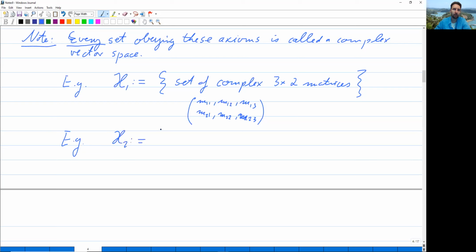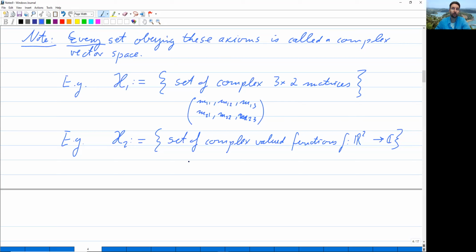H2 is, let's say, the set of complex valued functions f, which map R to the power 27 into C. Or we don't really need that many dimensions here. Let's just say R2 into C, so that it doesn't get too messy.